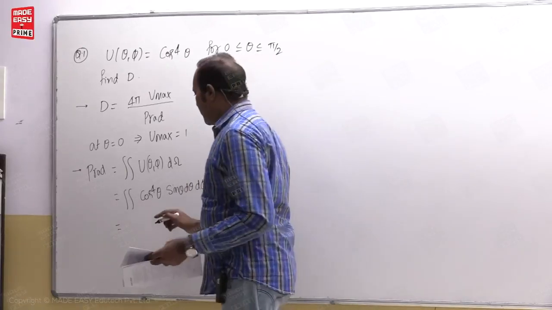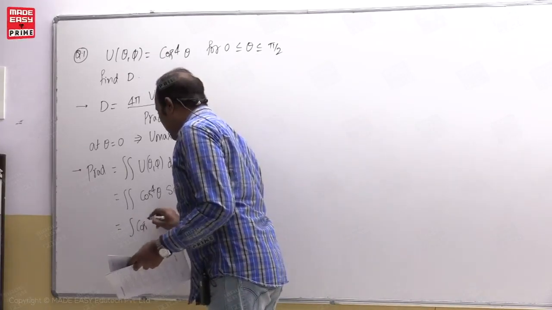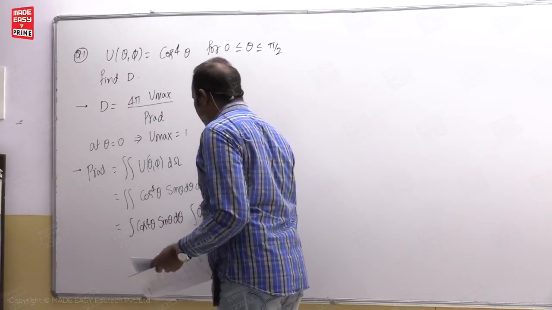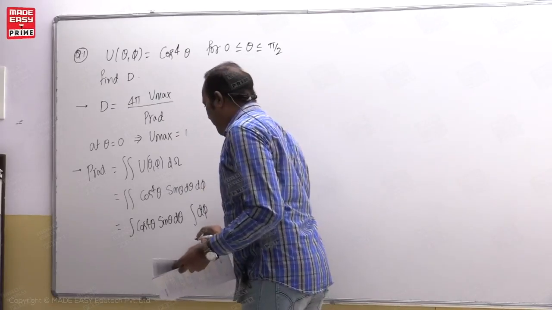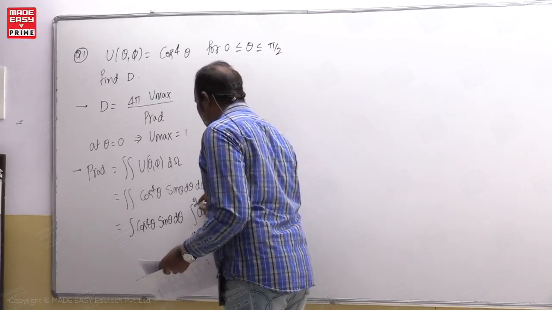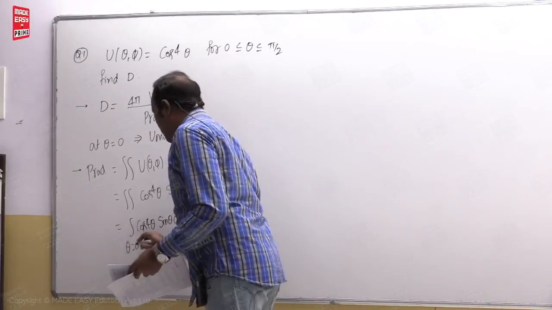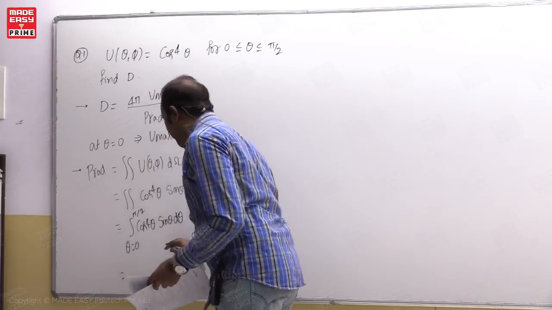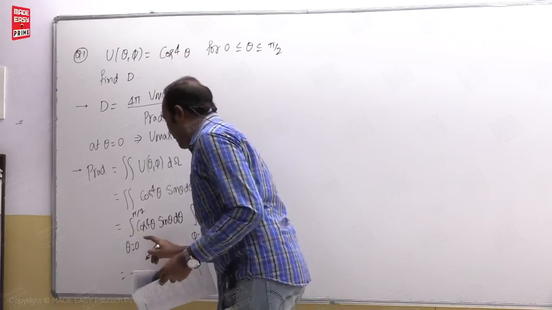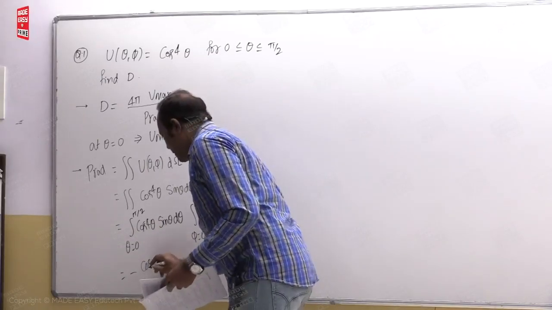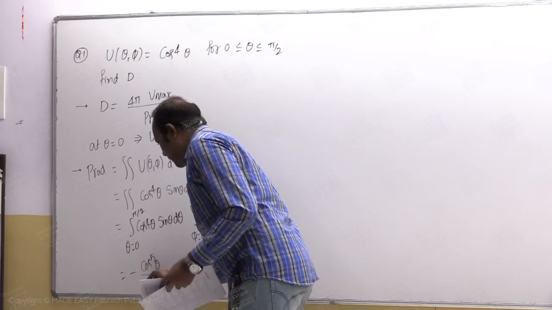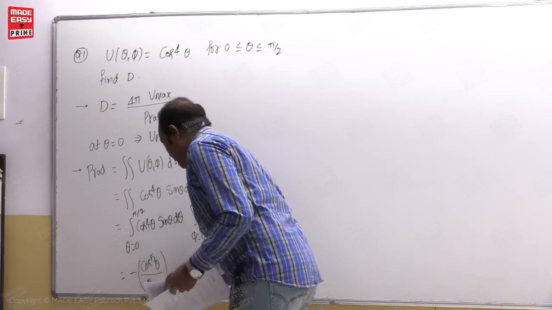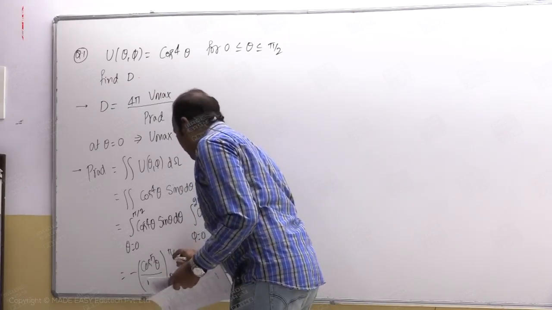So first you separate them: integral cos power 4 theta sin theta d theta separately, and integral d phi. Here phi varies from 0 to 2 pi and theta varies from 0 to pi by 2 as given. So this is nothing but minus of x power 4, meaning cos power 5 theta divided by 5, with theta varying from 0 to pi by 2.